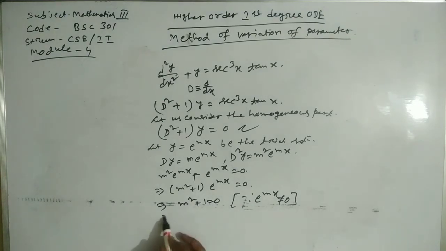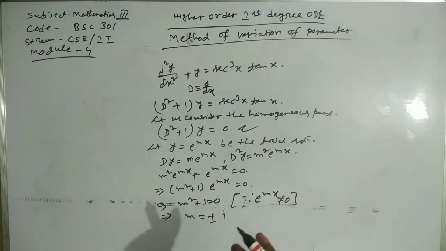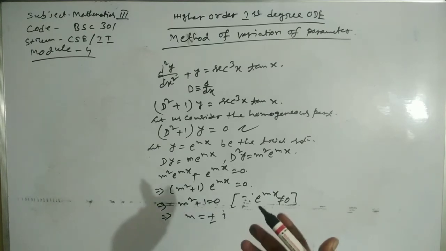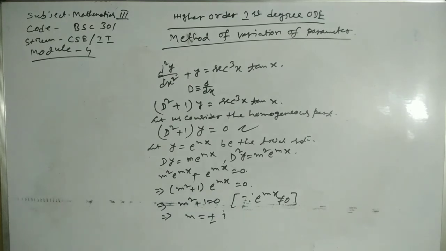Now from here we get that m equal to plus minus i. Now the roots of the auxiliary equation, we can see that they are complex numbers. Now if the roots of the auxiliary equation are complex, then we know what is the general form of the complementary function.